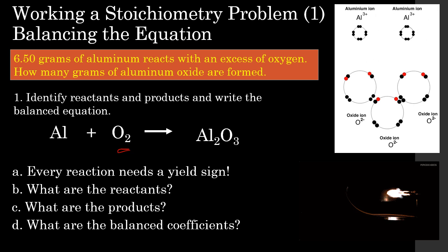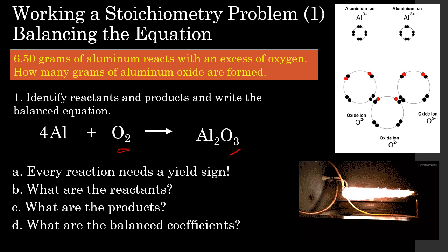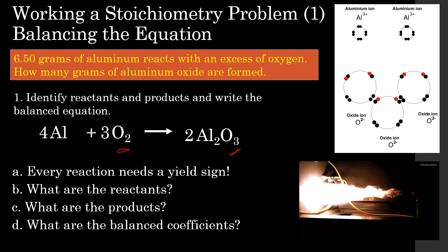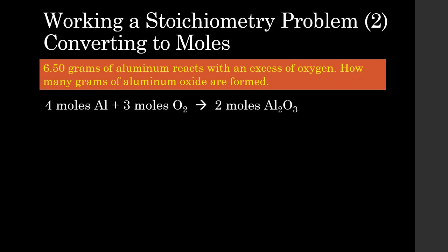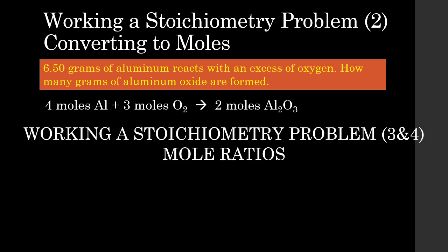So it's O2 in the air, and over here it's O3. So what we're going to need to do is just do the 2 and the 3 relationship there that you'll see pop up a fair bit. So we now know that 4 moles of aluminium and 3 moles of oxygen will produce 2 moles of aluminium oxide. So we're going to now look through the mole ratios.